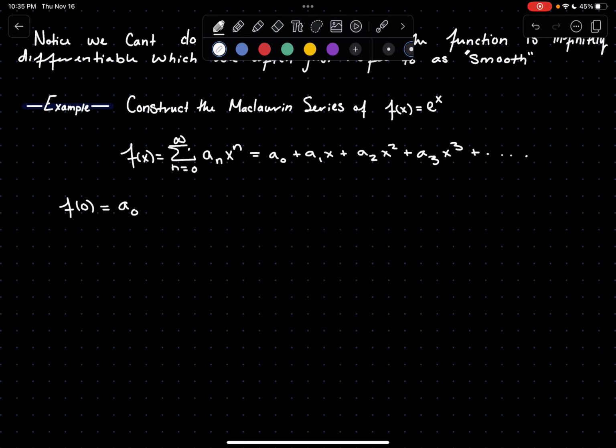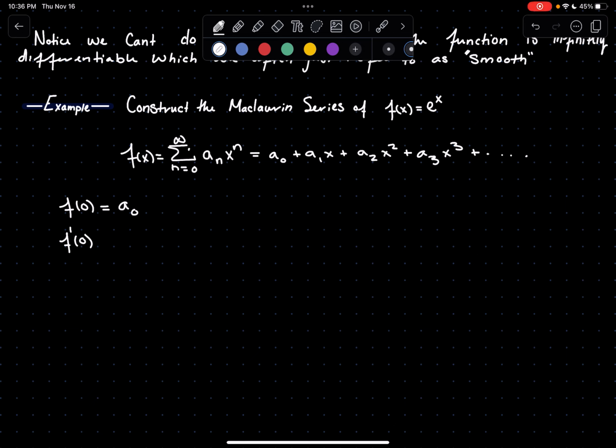If we get f prime of 0, right, when I take the derivative, I don't get a0, right? This is a constant, so that goes away. I just get a1 times 1, right? The derivative of x is just 1, so I just get a1.